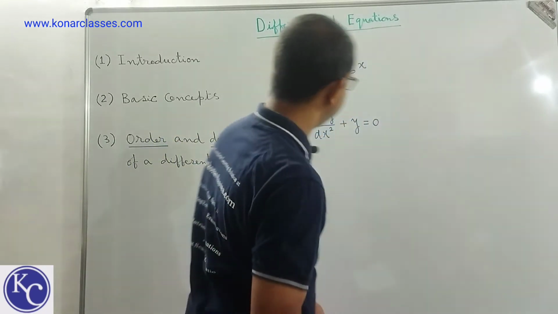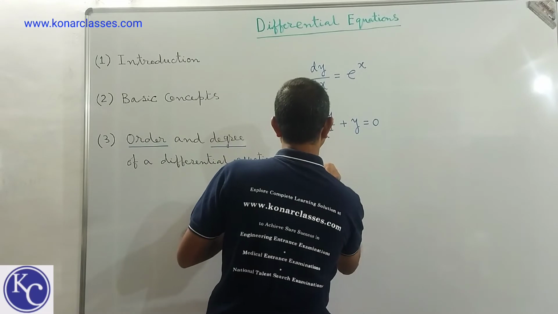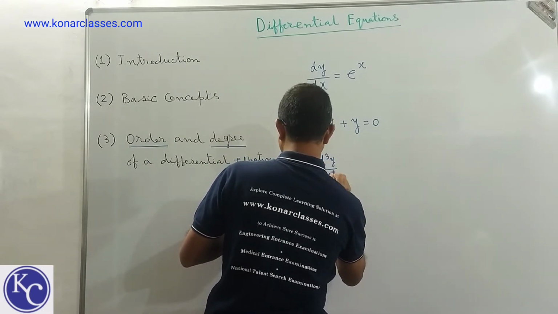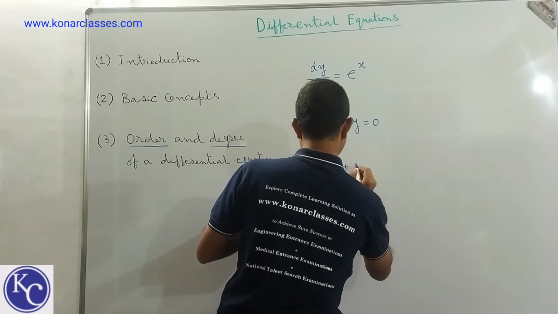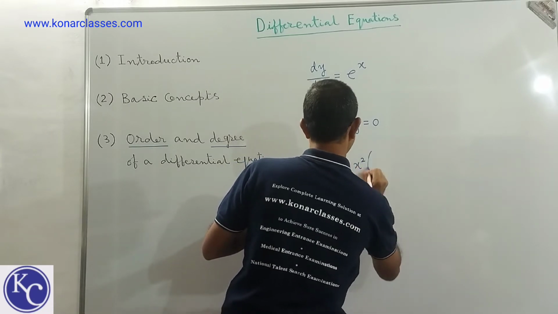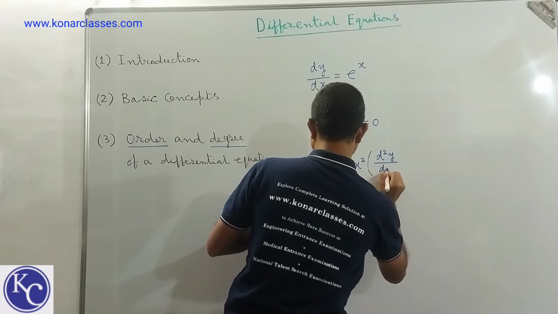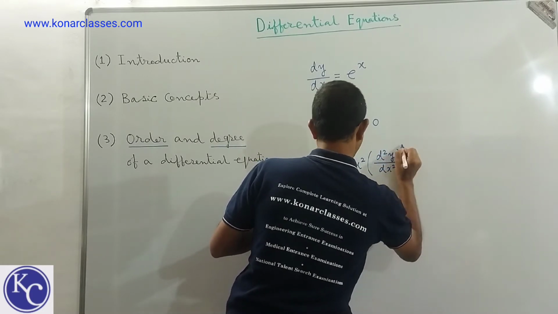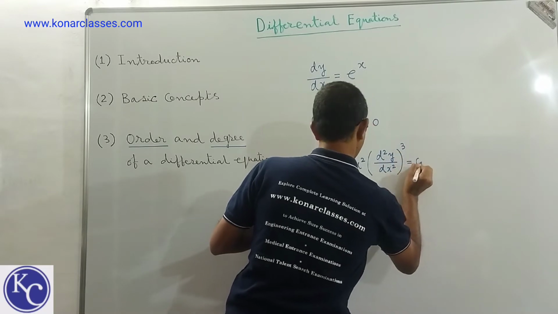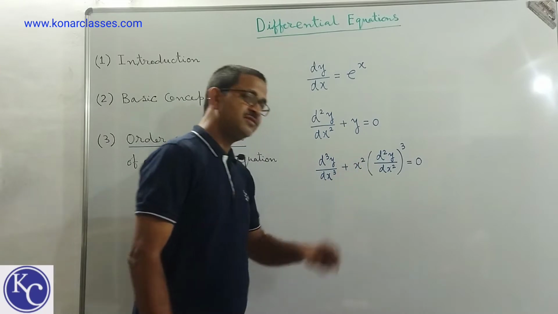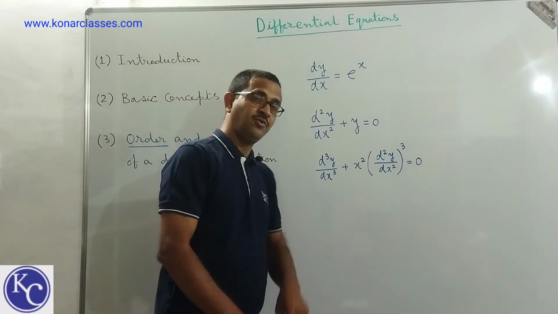If we take another example, something like this, d3y dx3 plus x square into (d2y dx2) power 3 is equal to 0. The order of this differential equation is 3. Why?